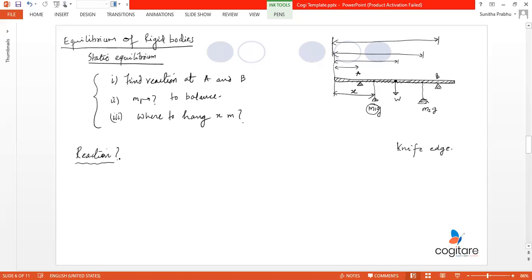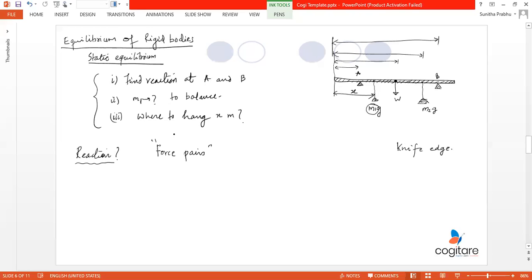Do you guys know what you mean by reaction? No, sir. Sir, is it the clockwise or anti-clockwise movement? Reaction means, see, Newton's third law: every force has an equal and opposite reaction, isn't it? Yes, sir. So when you talk about reaction, you are talking about force pairs.